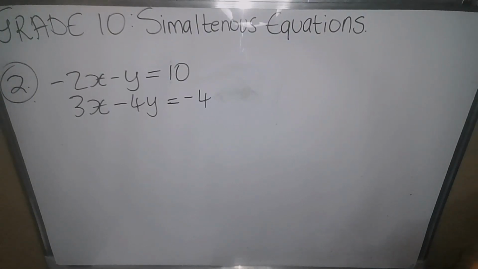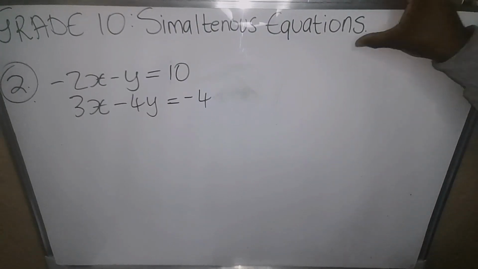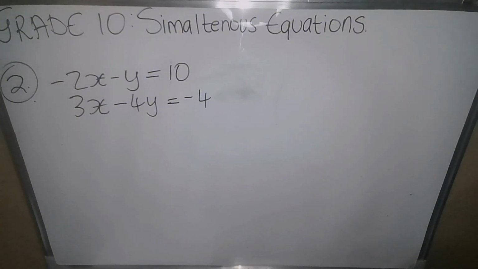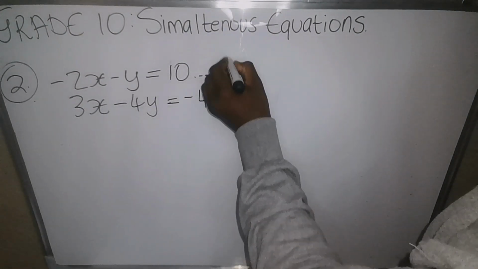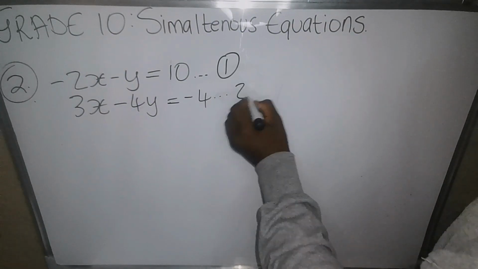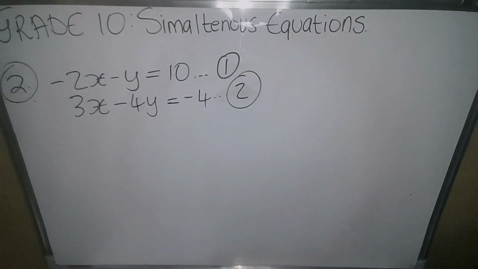Now, they can give you questions in many forms of this kind of simultaneous equation. So this is one of the forms, I think. When you are given two equations, you must just label them equation number 1, equation number 2, or vice versa. It will depend on you which one you choose to be your equation number 1 and which one you choose to be your equation number 2.